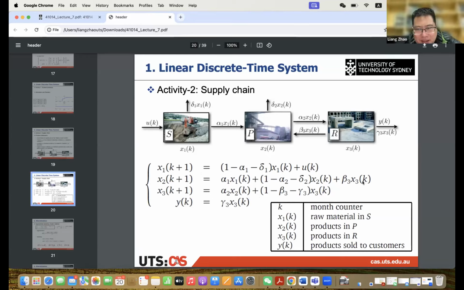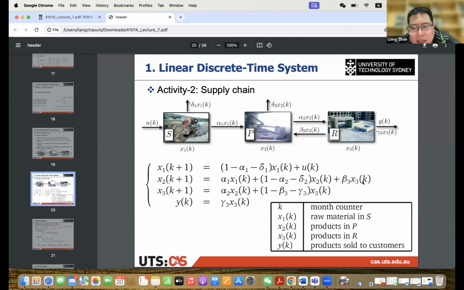Yeah. Just the UK becomes separate, and then that becomes your B matrix. UK becomes separate because it's AX plus BU, right? Yeah. AX plus BU. Then in this case, the B is 1, 0, 0, right?